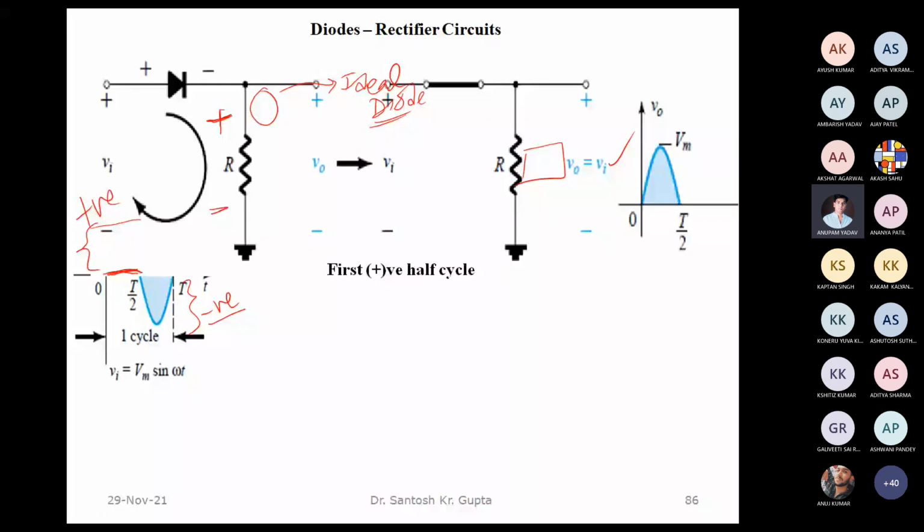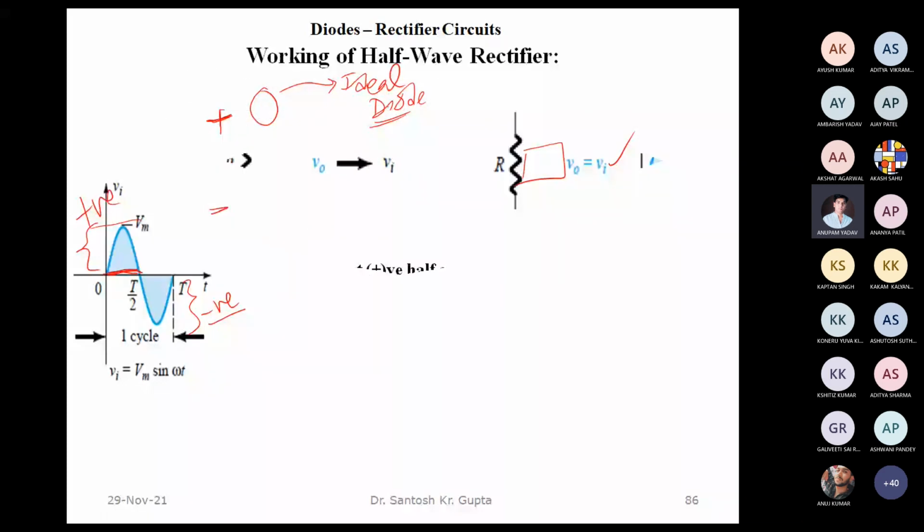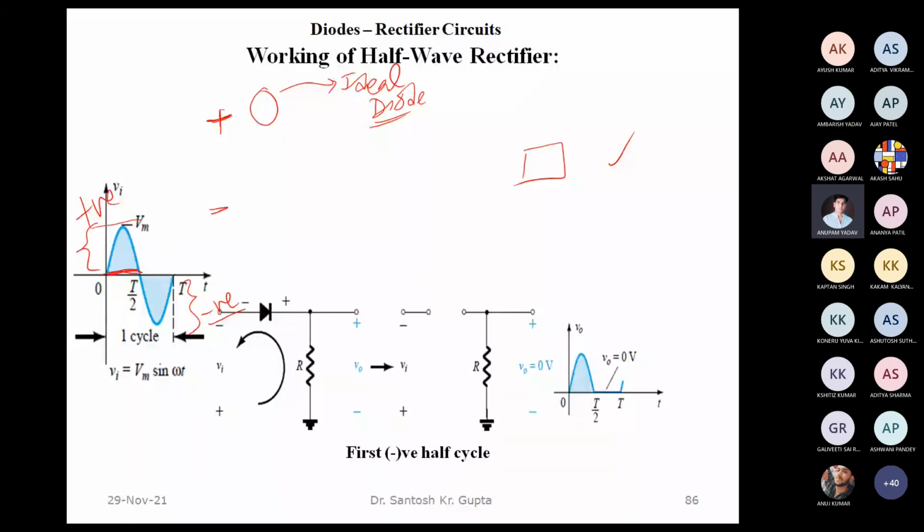Whereas in the negative half cycle, the polarity of the potential source is changed. Positive voltage is downside, negative voltage terminal is upside here, and with such a potential across this diode, the diode is reverse biased, and this acts like an open circuit.